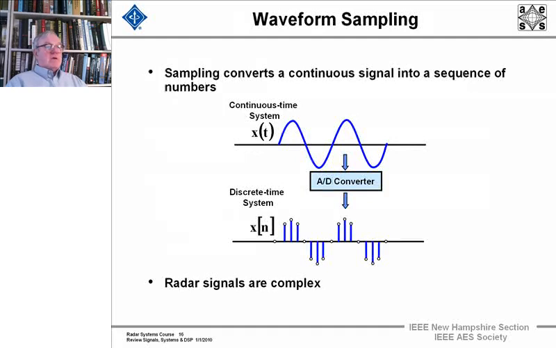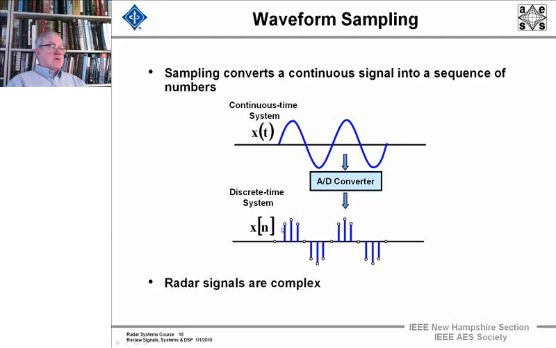And one of the characteristics of it we'll get into in a minute, but here's a simple visual of sampling. It converts a continuous signal, a continuous sequence, here a sine wave, through an analog to digital converter into a discrete time system, which we denote x with brackets and an integer.